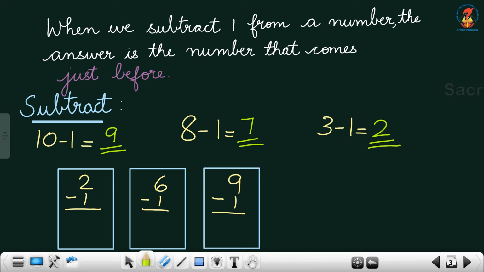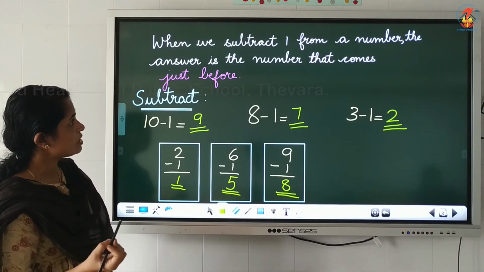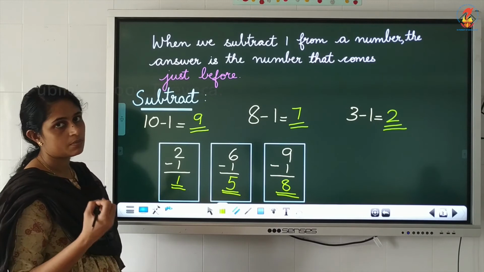Which is the number that is coming just before 2? It's 1. Just before 6? 5. Just before 9? 8. So children, this is your third rule of subtraction, that is, when we subtract 1 from a number, answer is a number that comes just before.